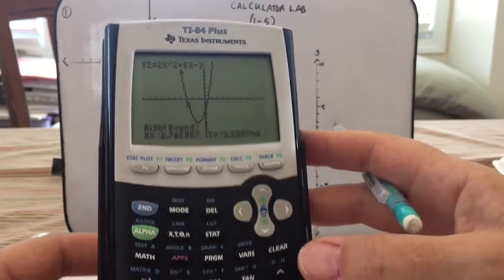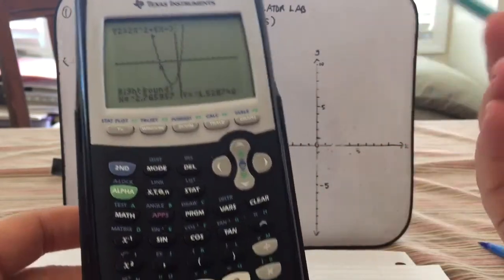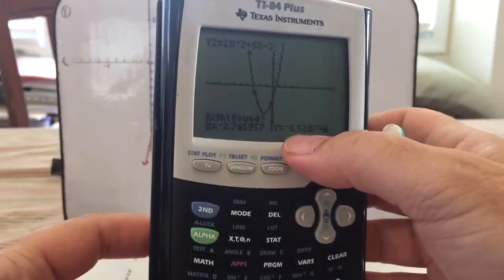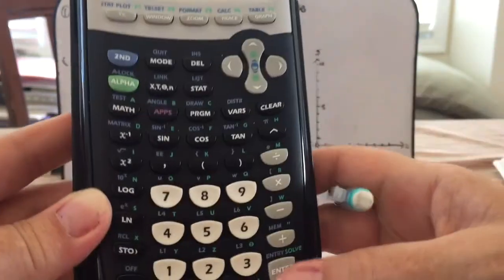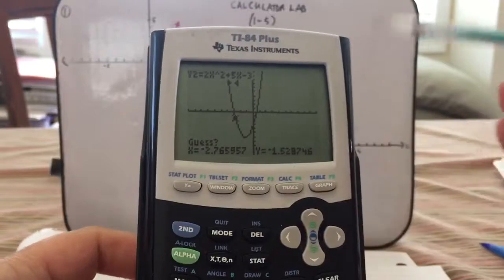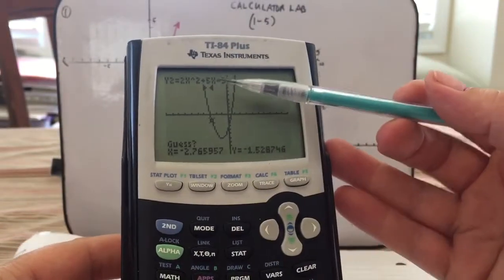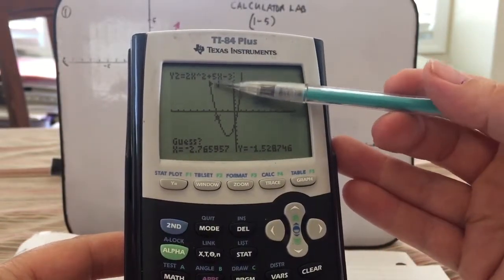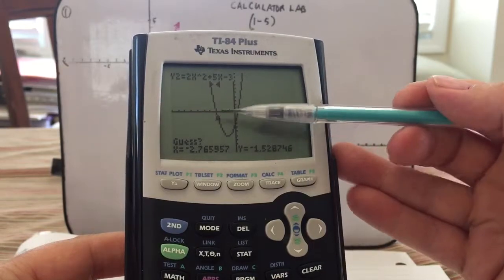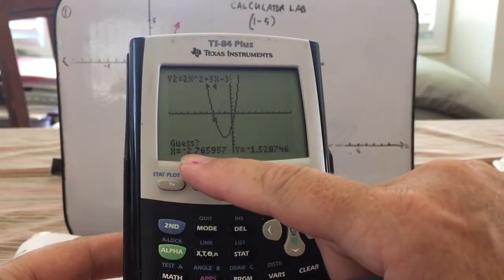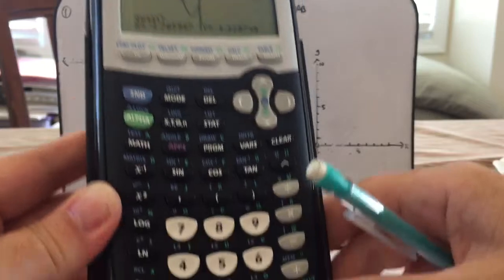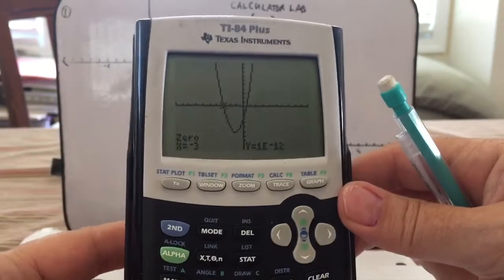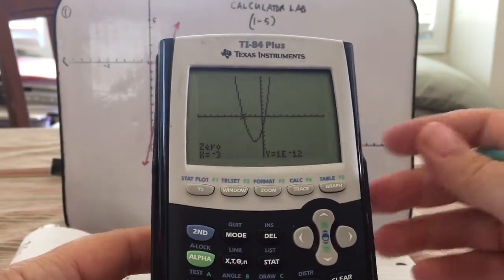So I'm going to scroll to the right of that, and now I'm to the right of it, which happens to be below the x-axis, so I should see a negative number on my y. And I'm going to enter that. Okay, so these two arrows now are telling me, okay, calculator saying, okay, so you want me to look in between here, and that is true. Okay, and now it says guess, and so I want it to just give me an approximate number if that's necessary.